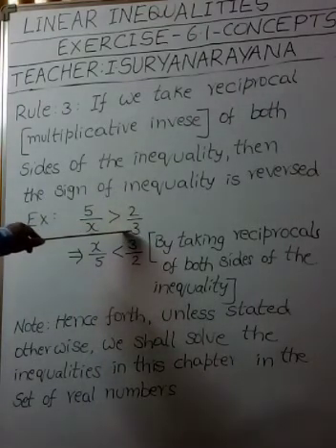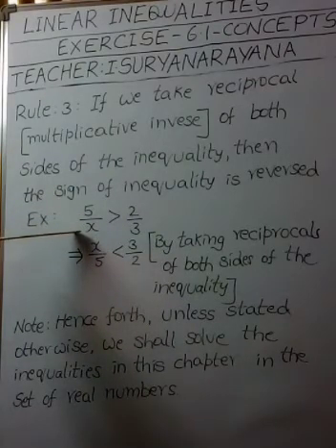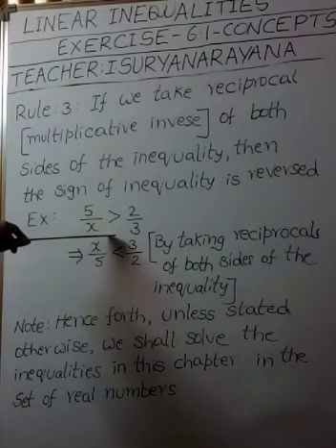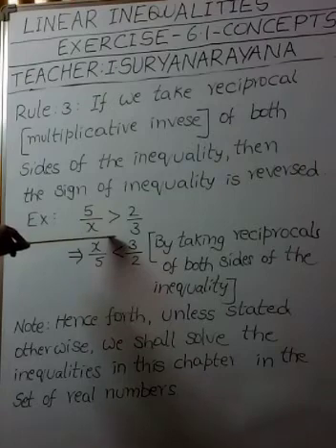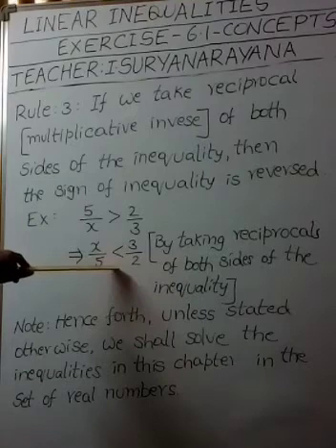Okay, my dear children, this is the given inequality. I have taken the reciprocal of this LHS. What is the reciprocal of this LHS? x by 5. See here, the inequality sign is reversed. Here a greater than sign is there. It is changed into less than.